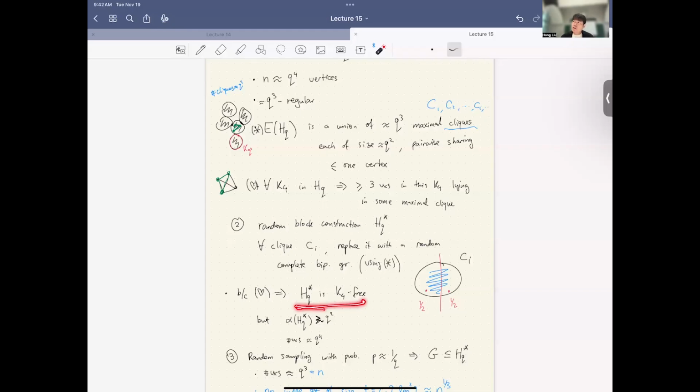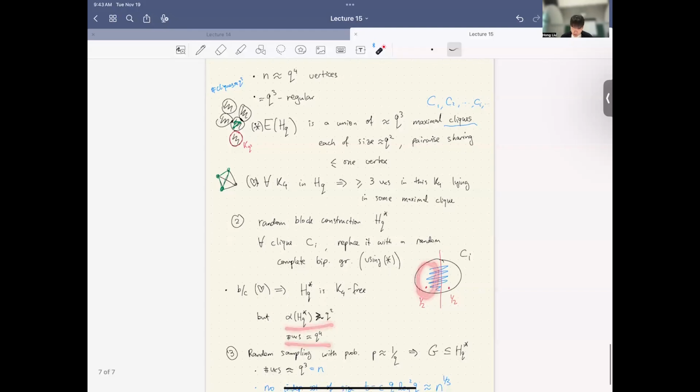But the independence number is not small enough. We want the independence number to be roughly n to the 1/3, remember? To get the Ramsey number Q cube for R(4,t) up to polylog factor. But here, the independence number obviously is at least Q squared in this random bipartite graph. And the number of vertices is Q to the 4.